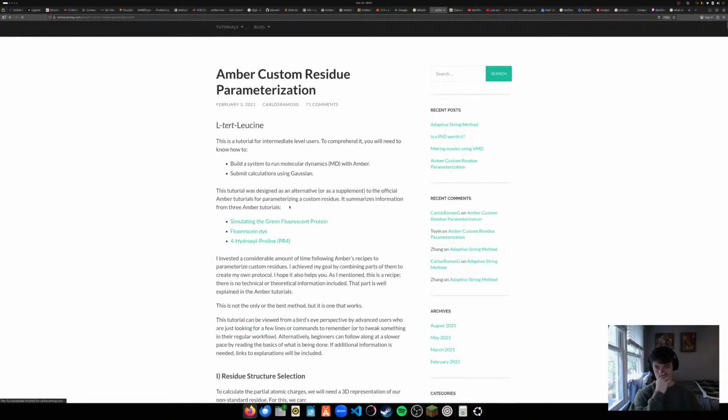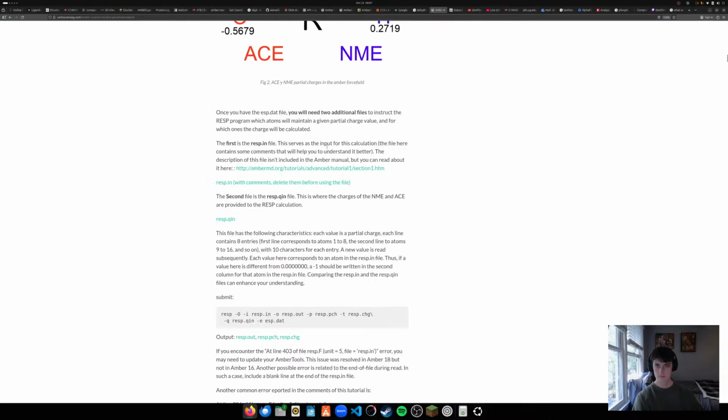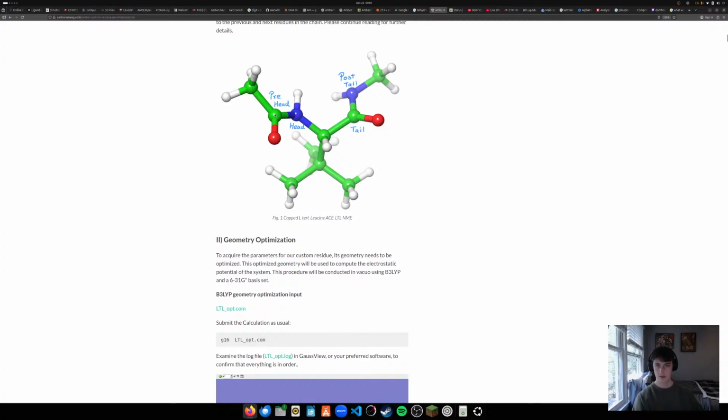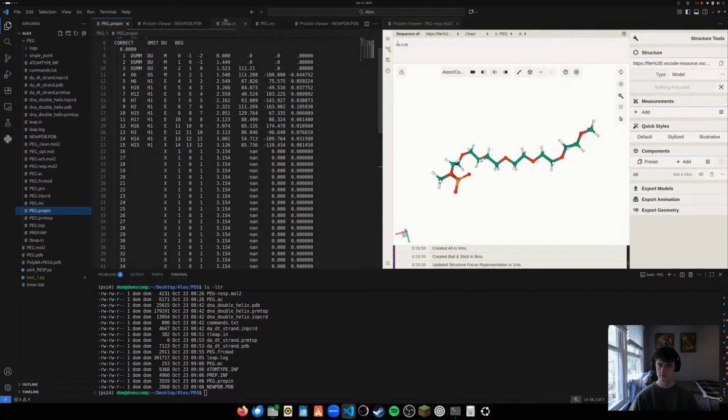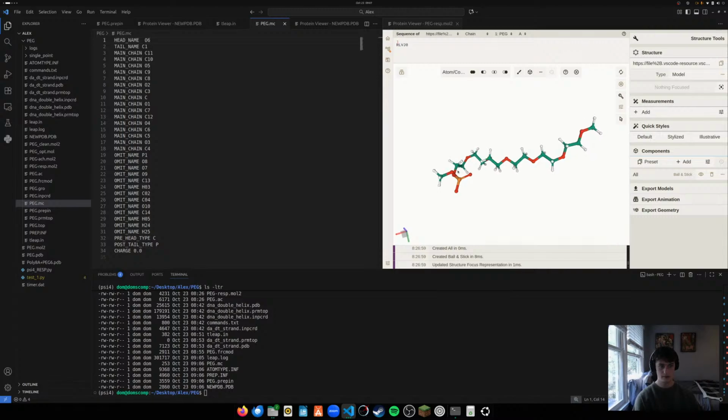Let's look at the tutorial real fast. So head, pre-head. Tail, post-tail. So pre-head is what we're cleaving. So the head here is O6.